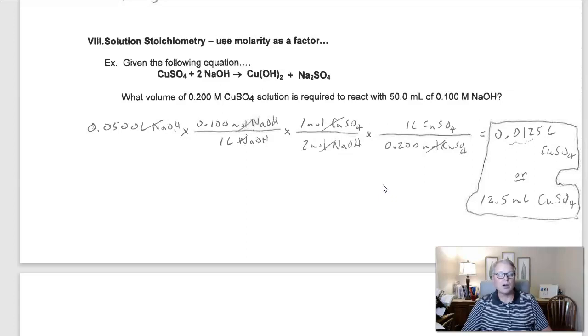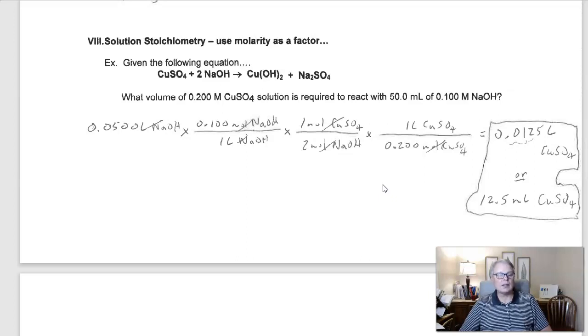Or if it said what volume is required, and your choice is A, 10 milliliters, B, 12.5 milliliters, C, 50 milliliters, D, 100 milliliters, then you need to be able to convert back to milliliters to see which one is the correct answer on the test. But if I just asked you the volume, and you gave it to me in liters, I can't count off for that because you did give me the volume. Mainly we deal with milliliters in the laboratory, so it's useful to be able to convert back there. And that's kind of how it works.